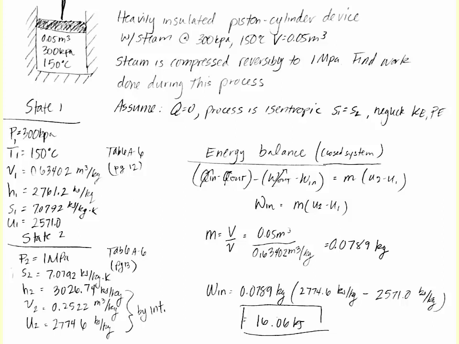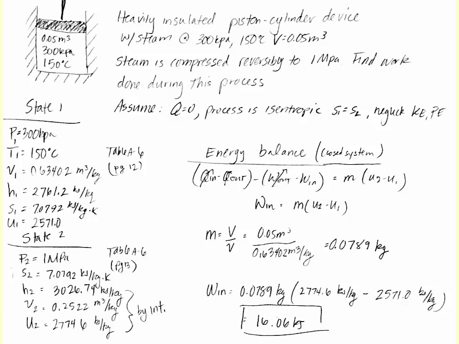Work in is equal to this mass, 0.0789 kilograms, multiplied by U2, 2774.6, minus U1, 2571.0 kilojoules per kilogram, gives us 16.06 kilojoules for our final answer.